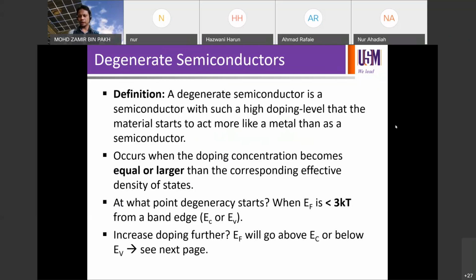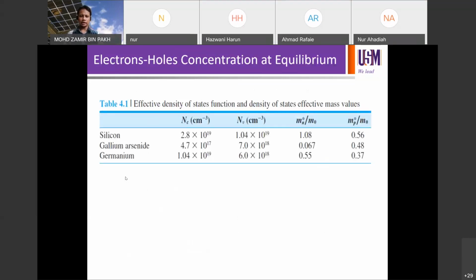That basically means it is a semiconductor with a very high electrical conductivity owing to the high doping level. This happens when the doping concentration becomes equal to or larger than the corresponding effective density of states.